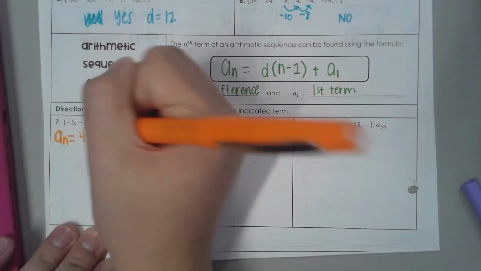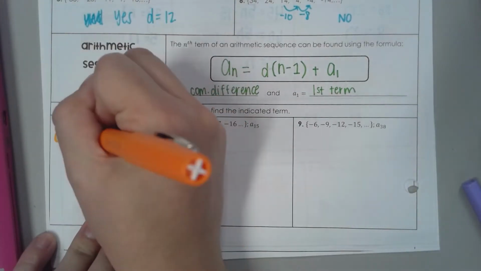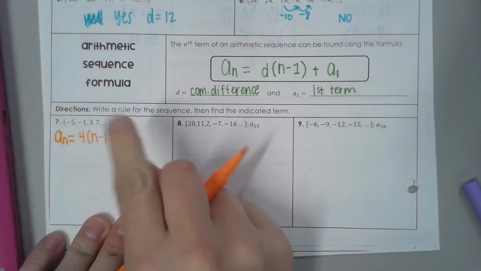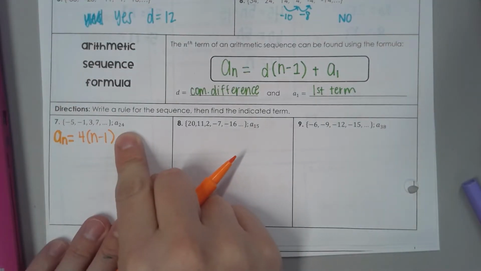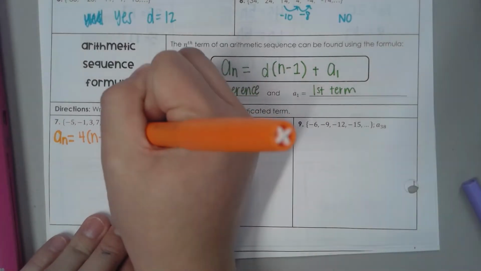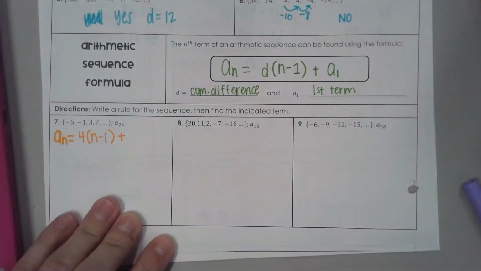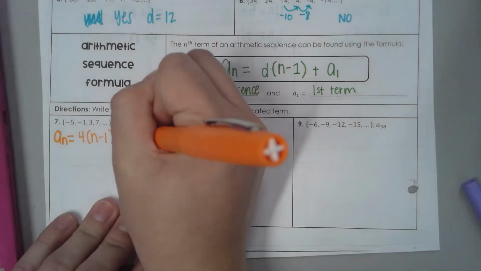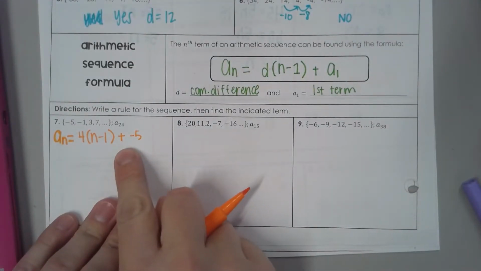And then in parentheses, we're going to leave n minus 1. We're not going to plug in a 24 there yet because we want the complete formula. Plus, what's my a_1? Negative 5. So you could have just said minus 5 there.